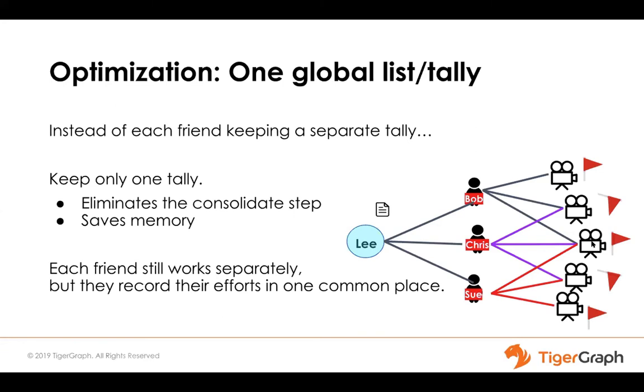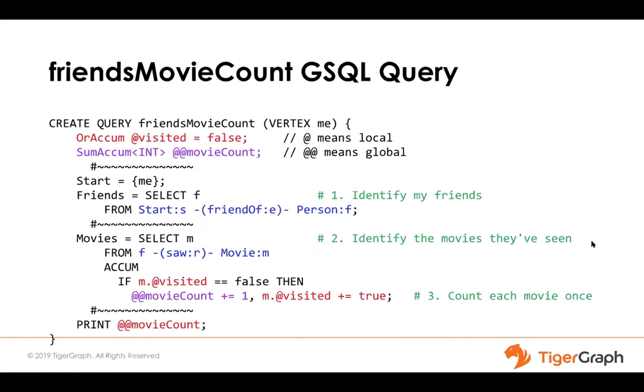Sue could do the same. So this eliminates the consolidation step, and you also end up using less memory because you only need one count variable instead of several count variables. We still have the parallelism. We're still taking advantage of accumulators, but we've reduced how many accumulators we need, and we reduce the number of steps. So this is a great simple optimization.